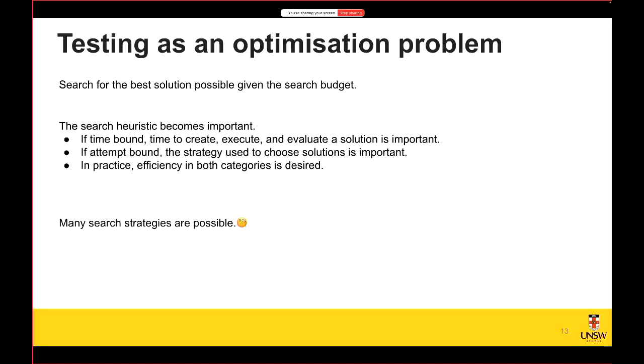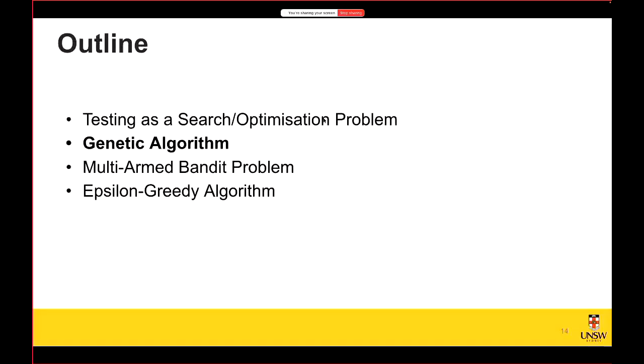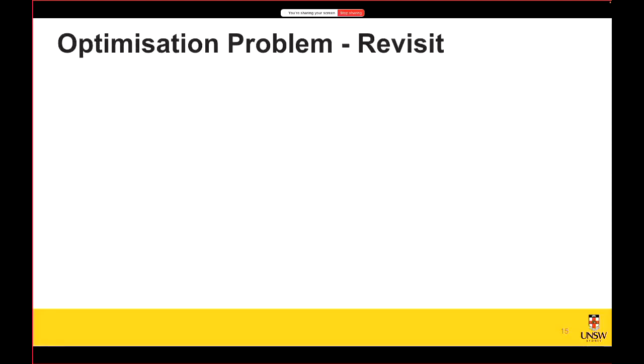And there are many search strategies that we can use to solve these optimization problems. We are going to learn one of them, which is known as the genetic algorithm. Let's continue to explain why this genetic algorithm is suitable for solving this optimization problem. Normally the optimization problem is to find the best solution under some constraints.